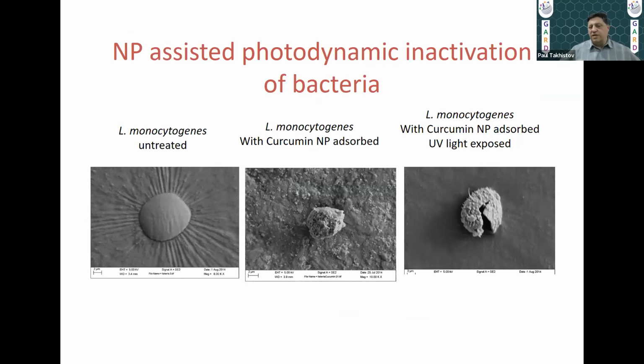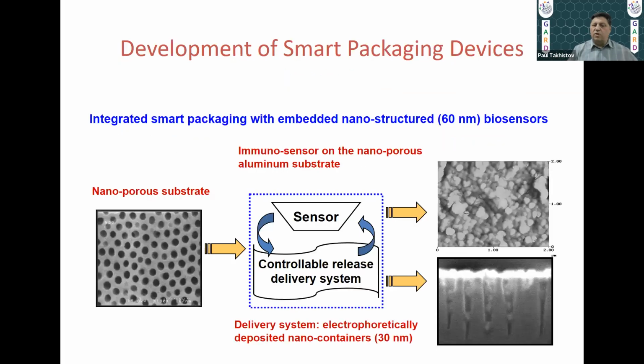The photodynamic inactivation: just light, and particles will be activated and pathogenic bacteria will be completely destroyed. Just a few examples of what we can do, but this is an example of the devices that can be built based on the nanostructured nanoscale material.